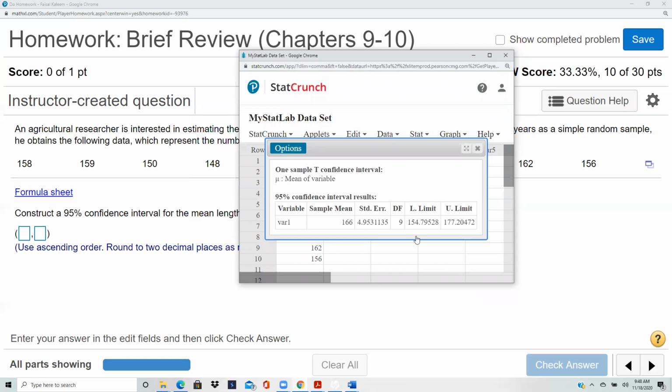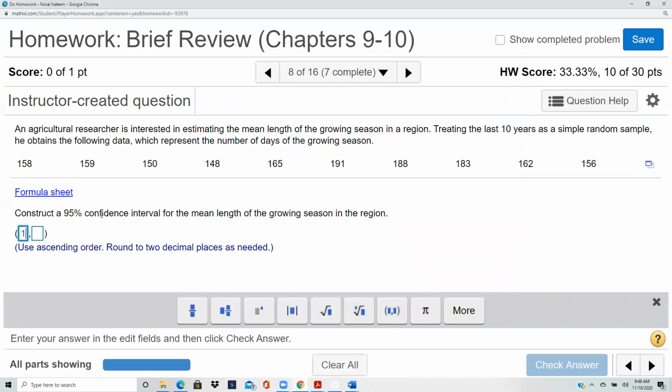So 154.8 and 177.2. Am I using the correct number of decimal places? It says round to 2 decimal places. So am I wrong?